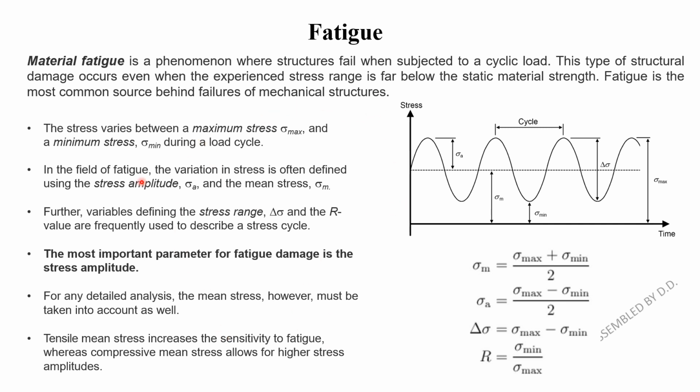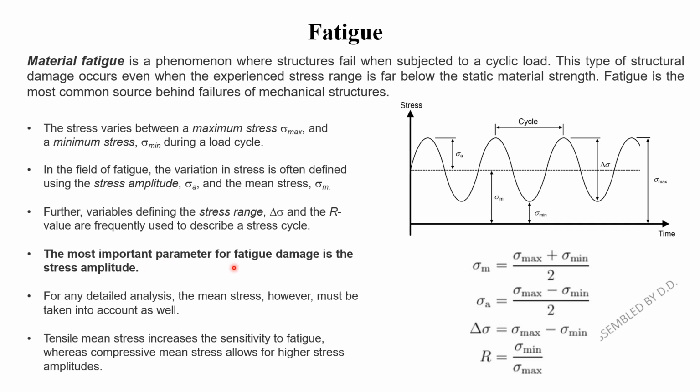Several terms are used. The stress varies between maximum and minimum stress during a load cycle. Each load is given like this with the crest and trough areas. In the field of fatigue, the variation in the stress is often defined using the stress amplitude and the mean stress. Further variables defining the stress range, that is delta sigma, and the R value, are frequently used to describe the stress cycle.